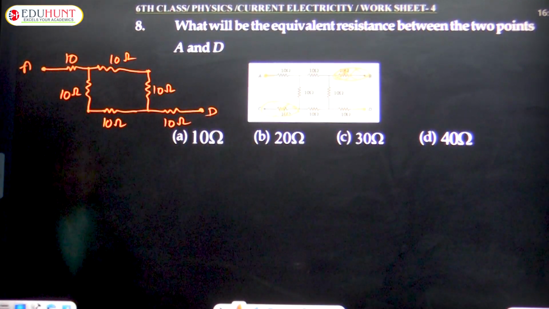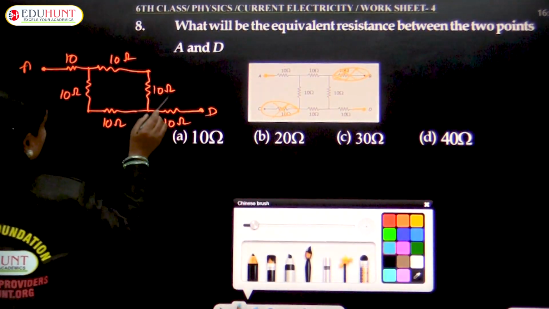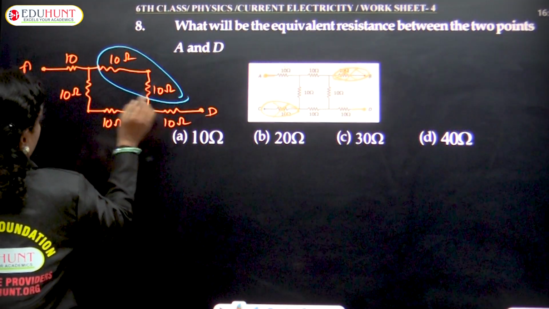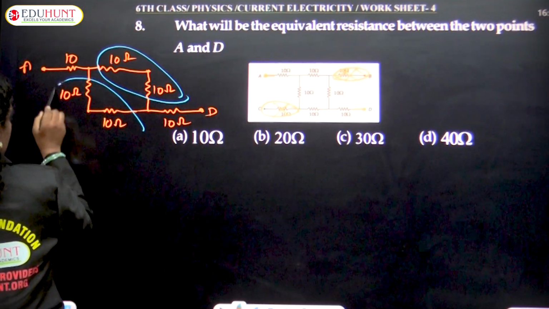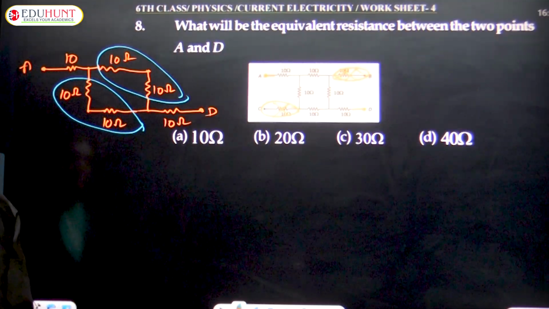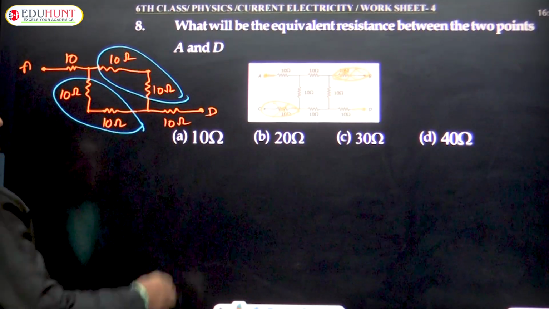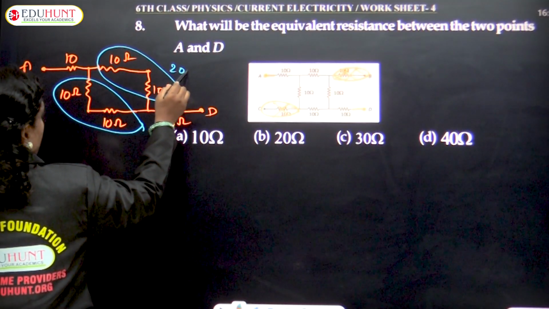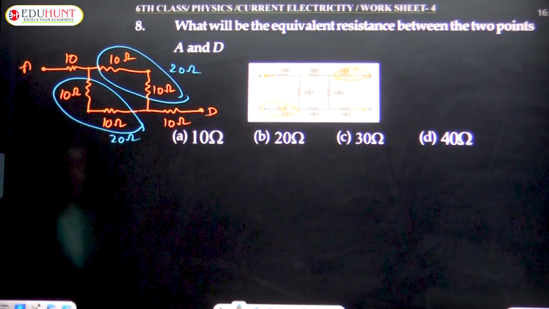That's it. If you observe this picture carefully, these 10 and 10 are connected in series, like this. Here also these two are connected in series. Two resistors connected in series, the resultant resistance will be 10 plus 10, this is 20 ohms here and here also 20 ohms.